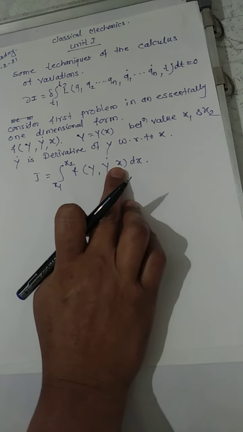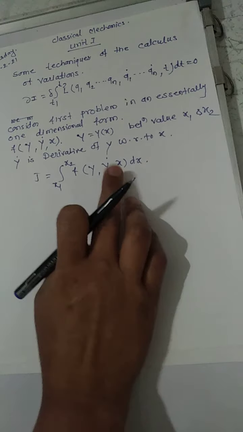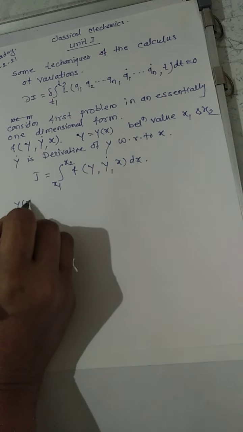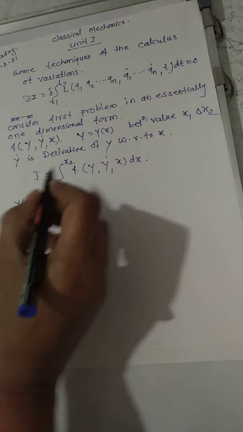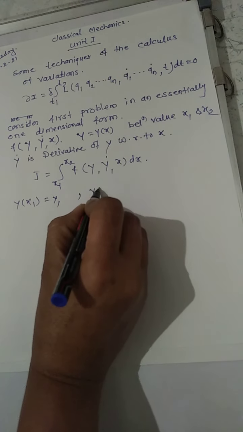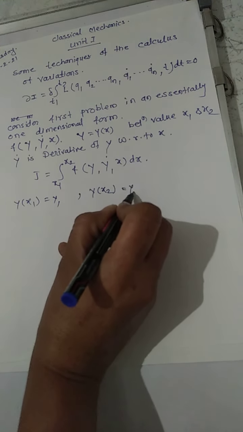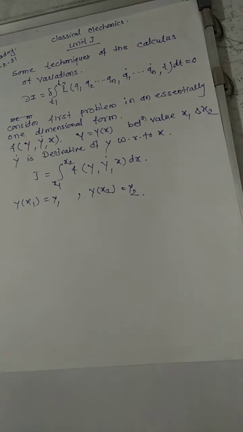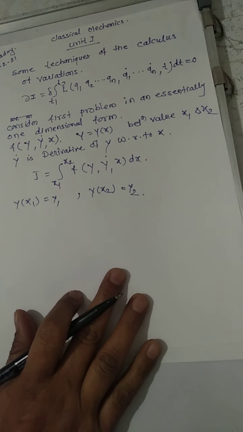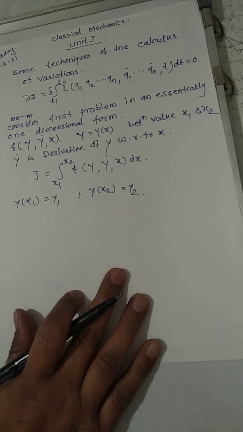And we consider only such varied paths for which y of x1 is equal to y1 and y of x2 is equal to y2. In the one-dimensional configuration space, both the correct and varied paths are segments of the straight line connecting y1 and y2.